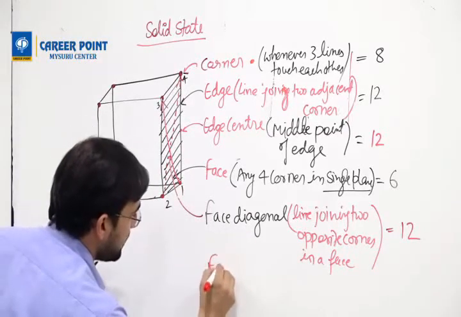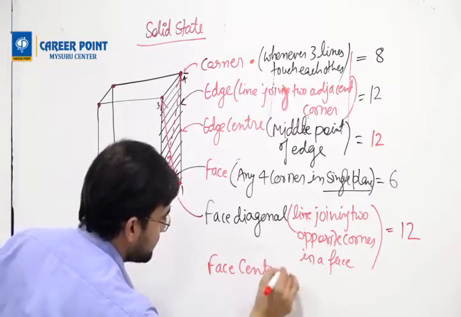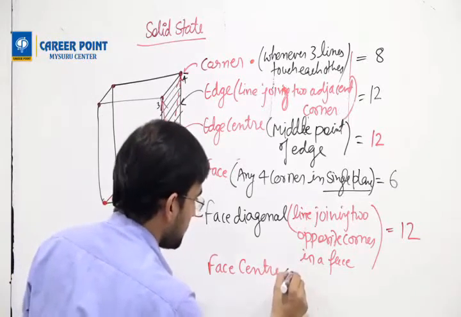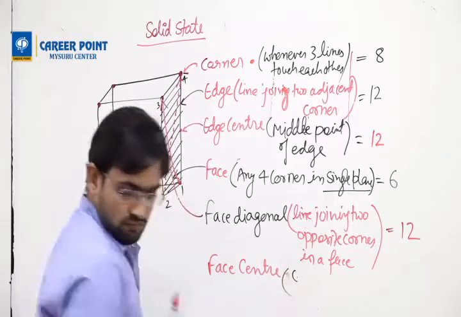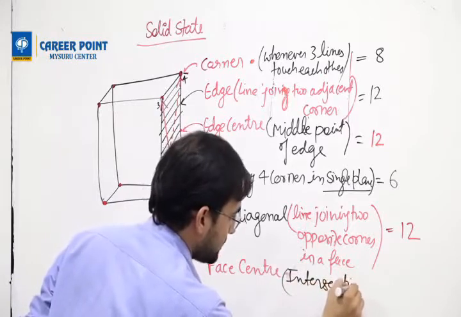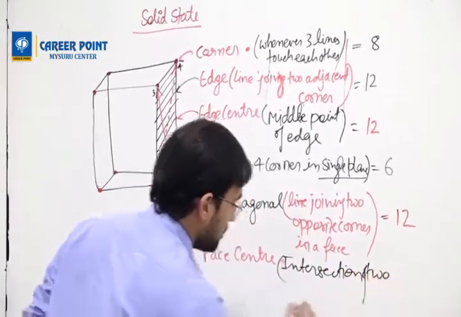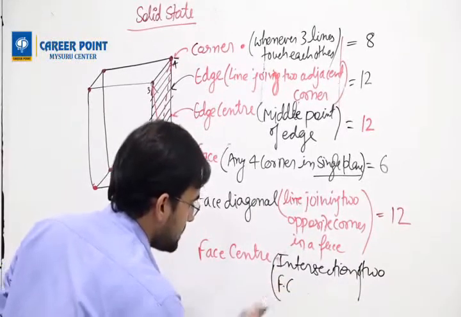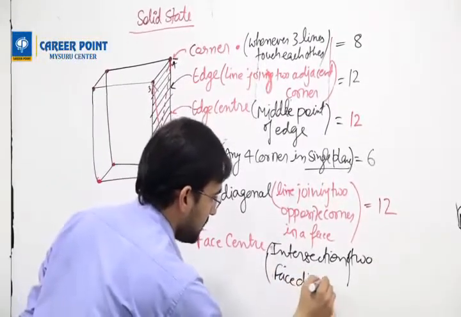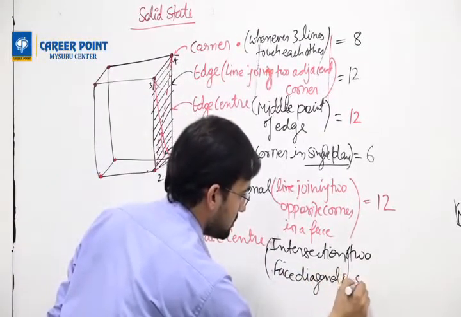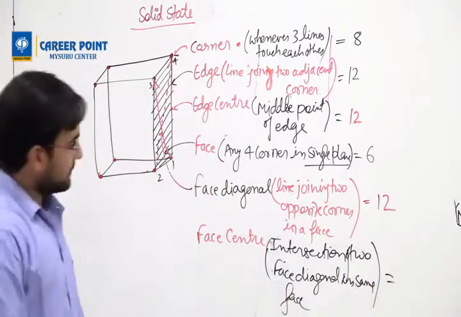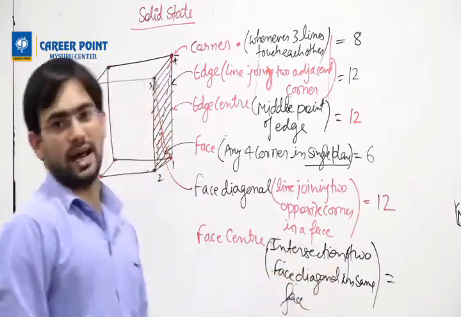The next one is called face center. The definition of face center is the intersection of two face diagonals in the same face.